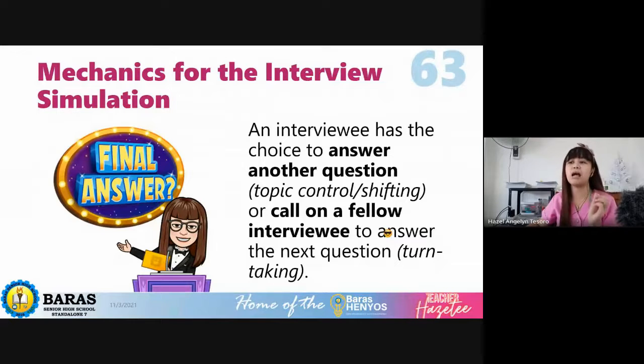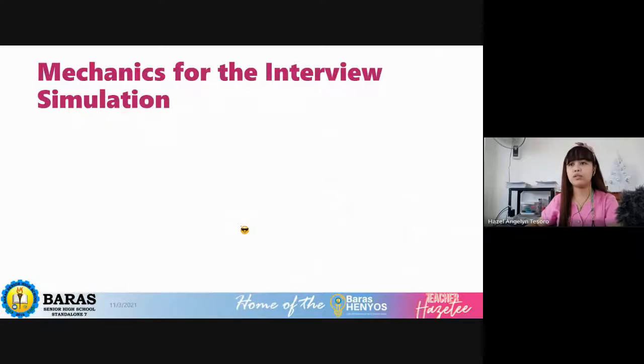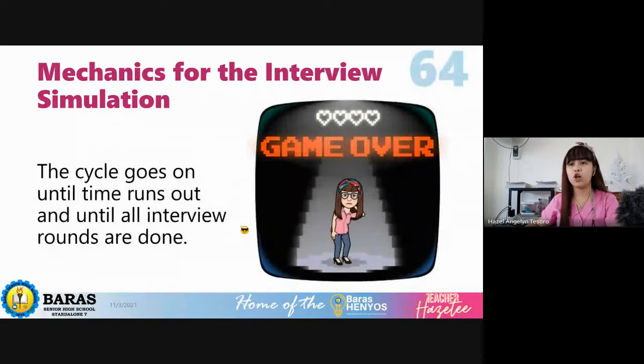And that is a sample of topic control or shifting, or another choice would be to call on a fellow interviewee to answer the next question, and that is turn taking, of course. So that's it for our mechanics. So the cycle goes on and on until time runs out and until all interview rounds are done.